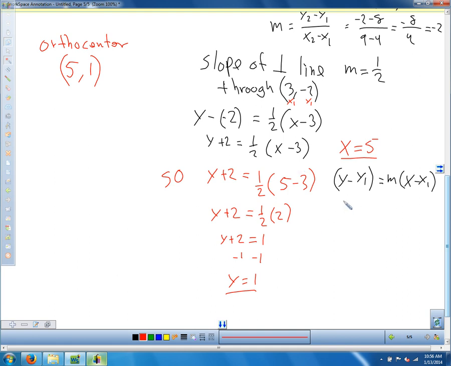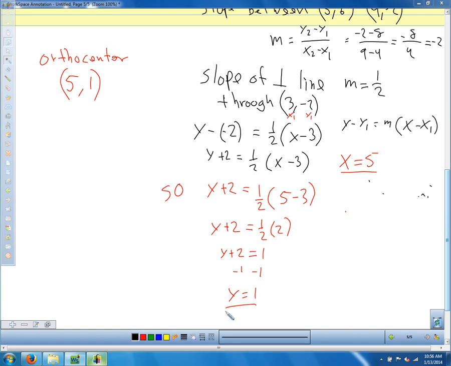I wrote that on the wrong line. So I know that y equals 1 and x equals 5. So that's my point. That's my orthocenter, at x equals 5 and y equals 1.